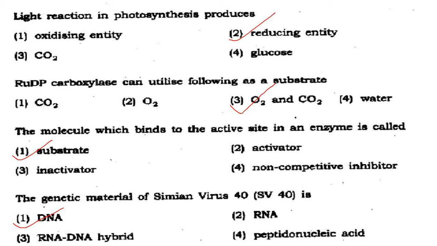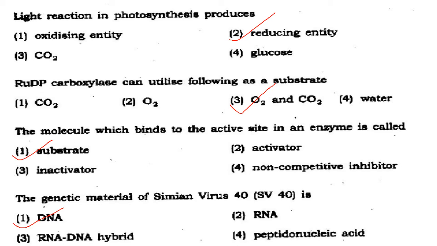RuBP carboxylase can utilize the following as a substrate: 1 carbon dioxide, 2 oxygen, 3 carbon dioxide and oxygen, and 4 water. Answer is option 3 oxygen and carbon dioxide. The molecule which binds to the active site in an enzyme is called option 1 substrate, 2 activator, 3 inactivator, 4 non-competitive inhibitor.